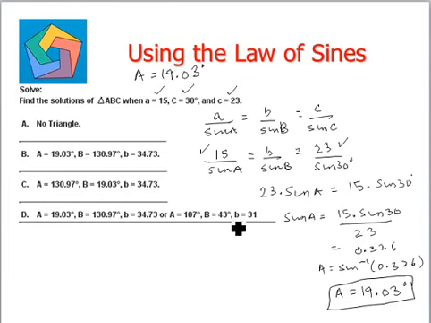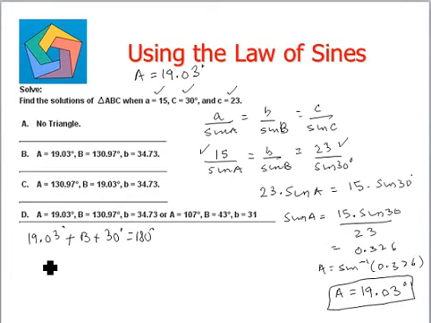Now we have to find the value of B. So how will we do it? Now we know our value of A also. Angle B can be found by the angle sum property, that is 19.03 plus B plus 30 degrees equals 180 degrees.